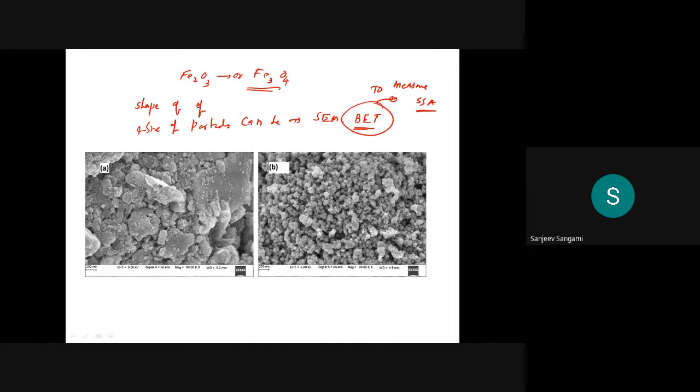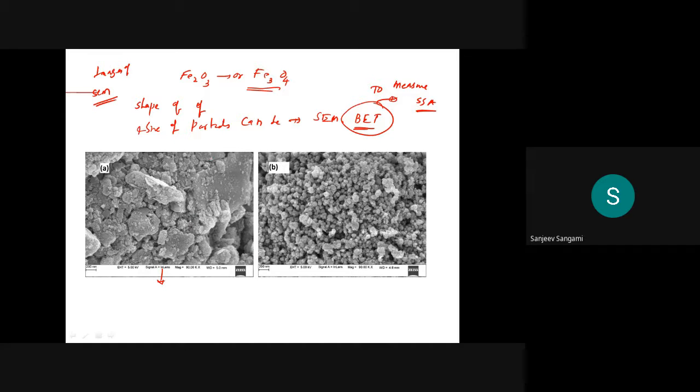Okay, then how do the images of SEM look like? Here you can see, this I carried out in our advanced laboratory when I was doing my doctoral degree.